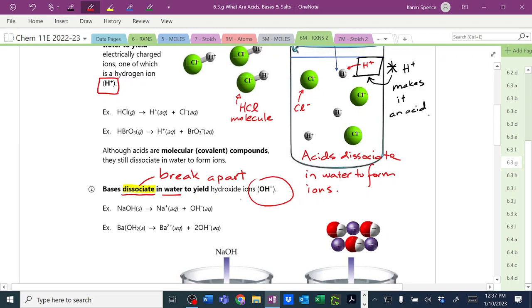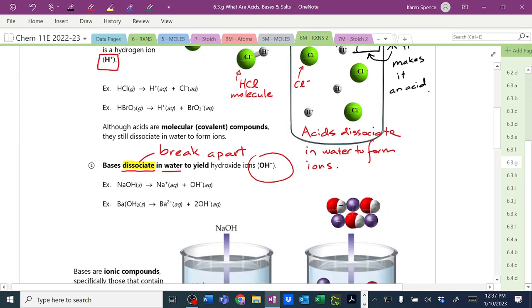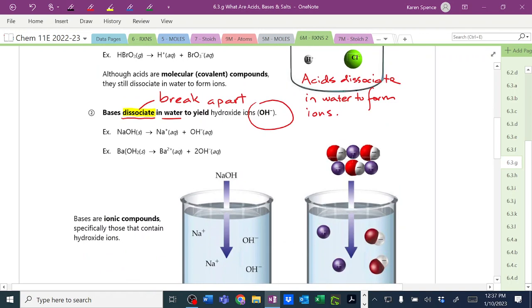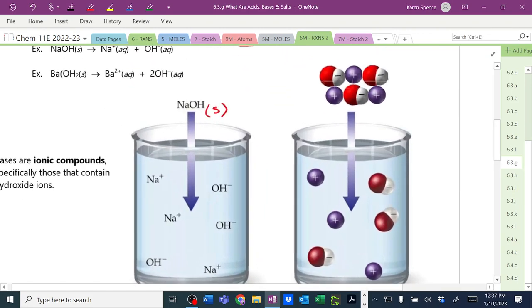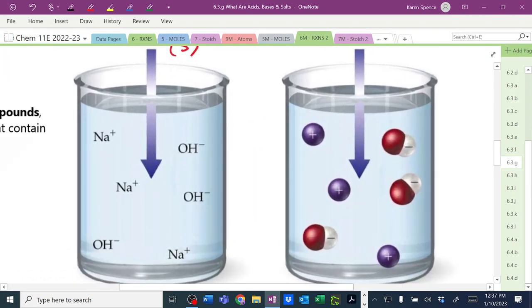So you can see here we have some NaOH, which is a solid, and it splits apart into separate Na ions and, most importantly, OH ions, which is what makes it a base.